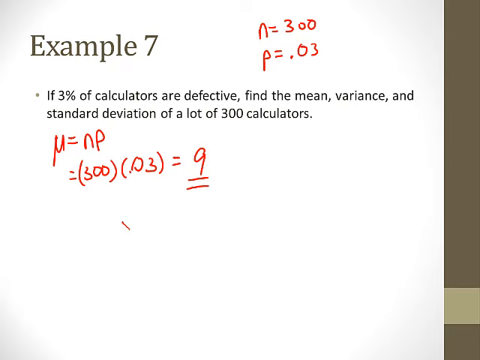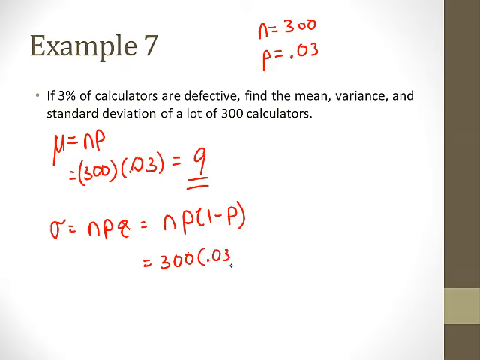Standard deviation. Let's do variance first. So what's the variance? Again, n times p times q, which is n times p times 1 minus p. So in our problem, it's going to be 300 times p, which is 0.03, times 1 minus p.